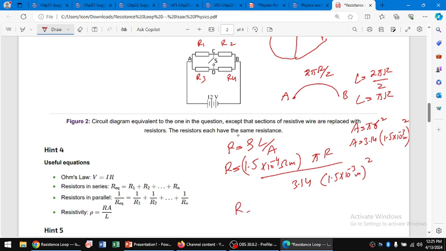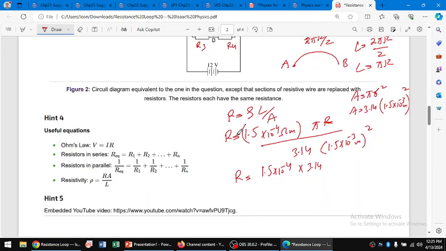So we solve this. This R is the resistance, this rho is the resistivity, and this r is the radius. We put the values: 1.5 into 10 to the power minus 4 multiplied by 3.14 times the radius of the circular loop, 15 centimeter, that is 0.15 meter, divided by 3.14 into 1.5 into 10 to the power minus 3 meter squared.